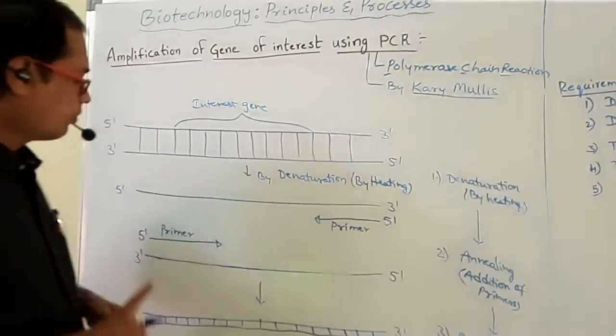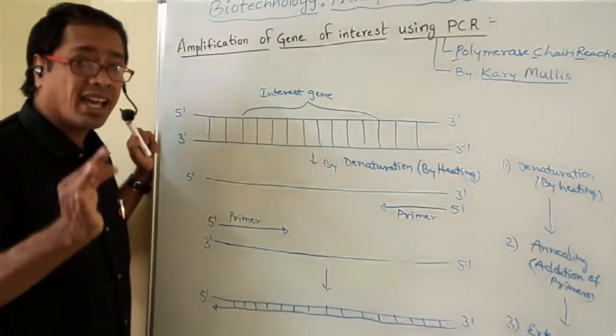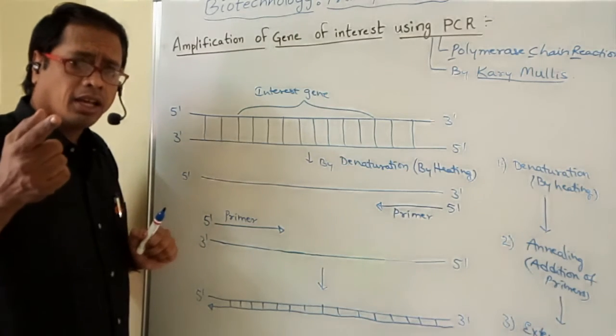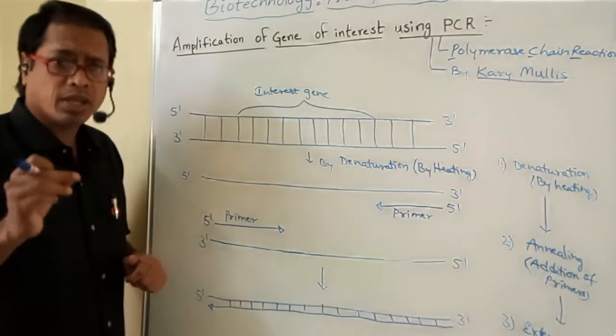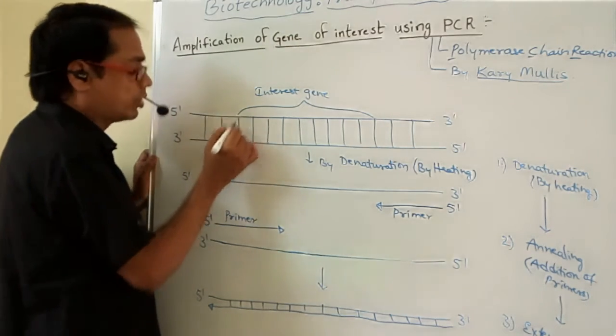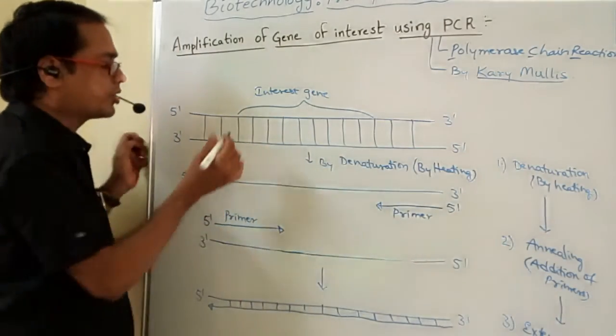Okay, right. One more step I want to say: if the desired gene sequence is known, can you expect the primer sequence? Yes. See, let us suppose here only I am drawing, my dear students.